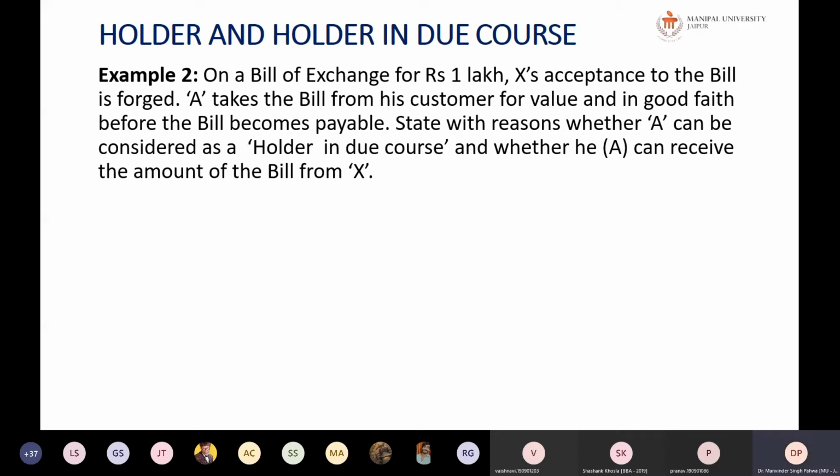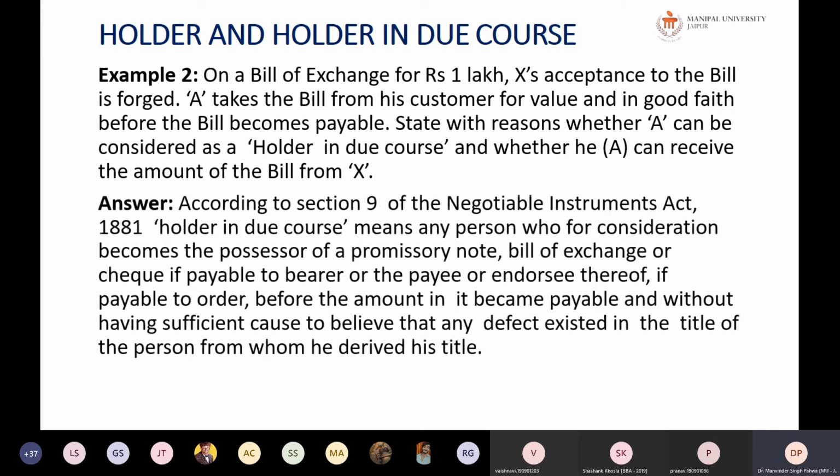Come on. Without wasting time, let me just tell you. X cannot receive the payment. Why? Because he has not given anything to X. So A cannot receive the payment.